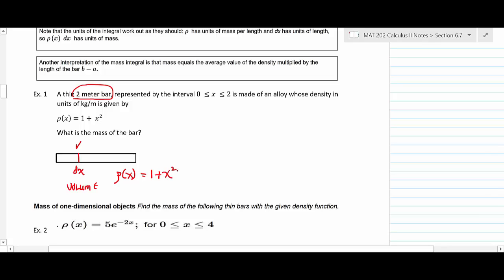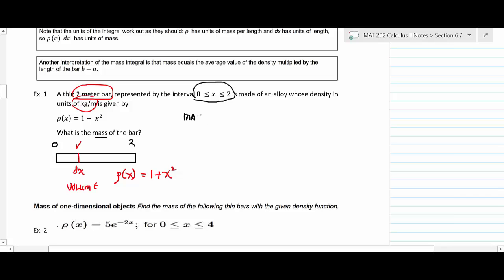That just means that if you evaluated x, that would give you the specific density, and this one is in kilograms per meter in this particular problem. Okay, so you've got the interval 0 to 2, and we're going to find the mass of the bar.